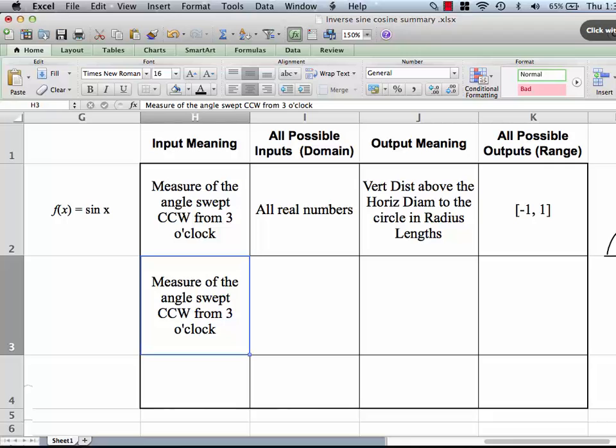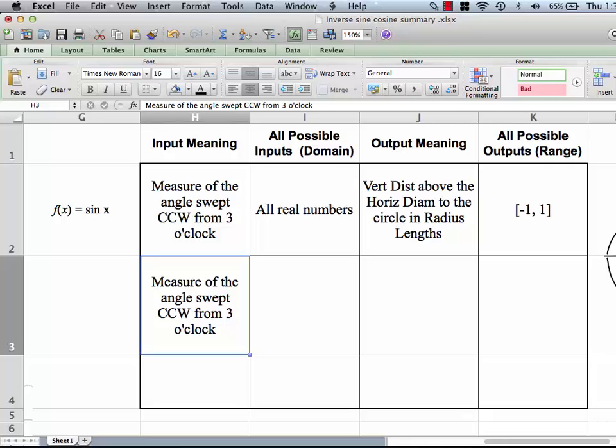So if we drew a vertical tangent line to the circle, it's the best circle I've drawn all day. Okay, so that blue line is what we're going to call the 3 o'clock tangent. Why? Because it's tangent to the circle at the 3 o'clock position, right?